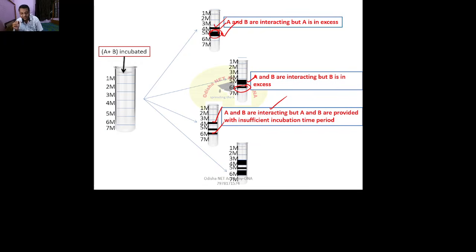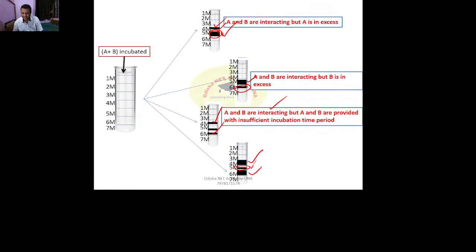Got the idea? Then suppose you are getting three bands: A position thicker, B position thicker, and AB position thin. That means A and B are not interacting. These two thick bands indicate that these proteins are not interacting. Then how can you explain the middle band at the interacting position?